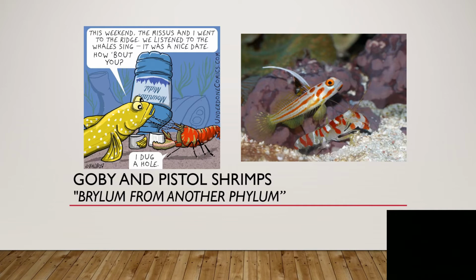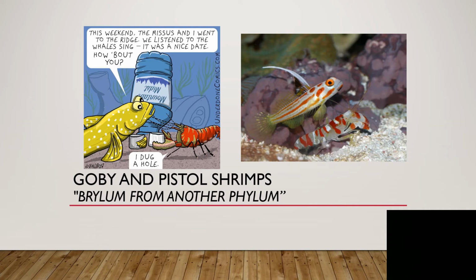Shrimps naturally have really horrible eyesight, so by themselves, they would have a hard time keeping an eye out for predators and digging and searching for food. So that's where the goby comes in and helps the shrimp keep a lookout, since most of their life the goby is naturally shy and tends to hide anyway. So the goby would use its excellent eyesight as a lookout as the pistol shrimp is out looking for food or digging.